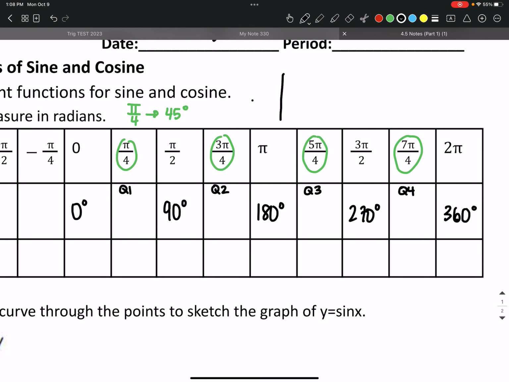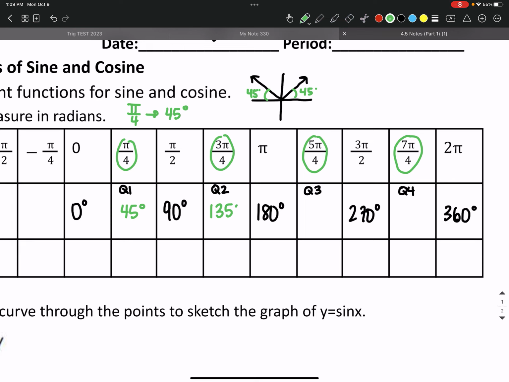If I'm in quadrant 1, that means that my angle is the same as the reference angle, so it is 45 degrees. If I have an angle in the second quadrant with a reference angle of 45 degrees, then I take 180 and subtract 45 degrees, and I get 135 degrees.